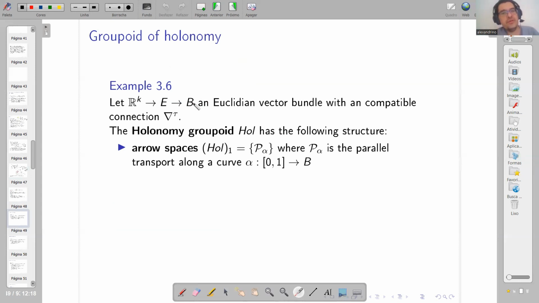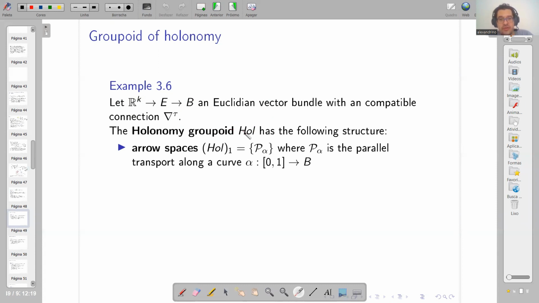I will try to introduce this concept of groupoid in an example, and I can present the formal concept after my talk, but let us try to understand the concept in an example. Consider here a Euclidean vector bundle with a compatible connection. I will call it the holonomy groupoid.